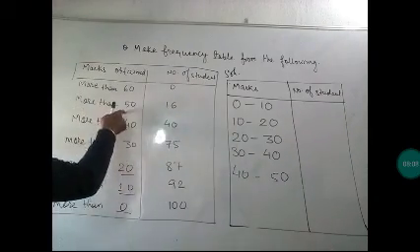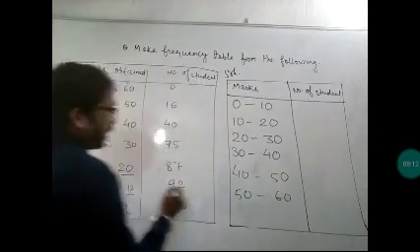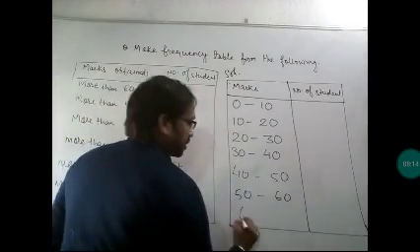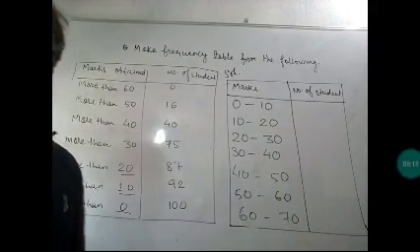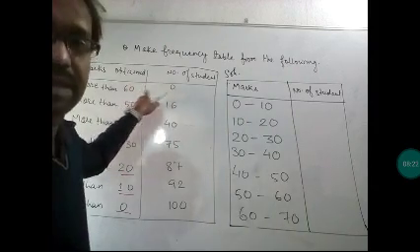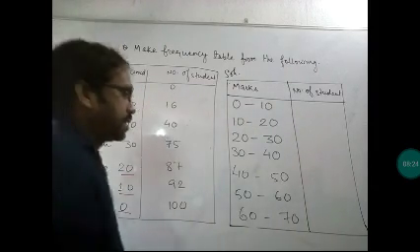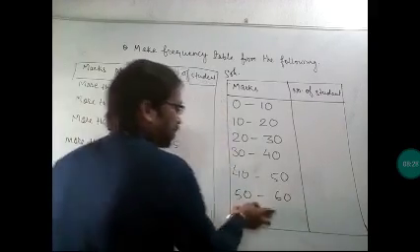Then we have 50 to 60. More than 50 means 50 to 60, because class size is 10 only, and more than 60 is 60 to 70. Now the more than 60 is 0. That means for 60 to 70 we have just 0 only.